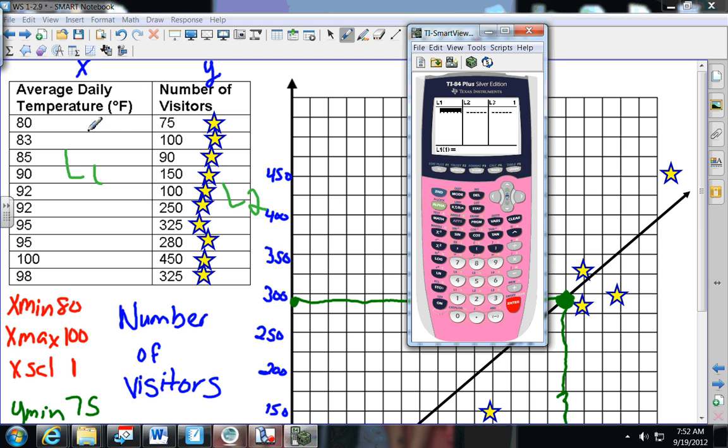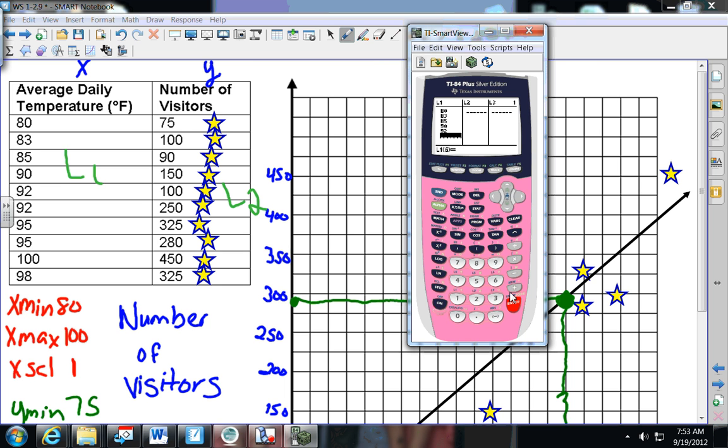All right, so go in there and you're going to put 80 and press enter. 83, enter. 85, enter. 90, enter. 92, enter.